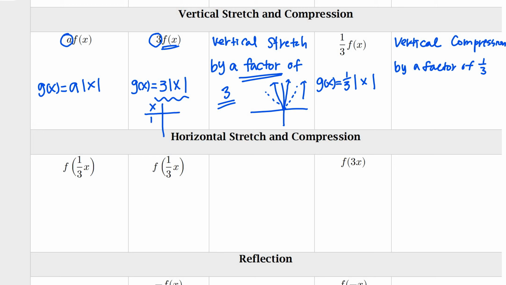If x is 1, y is 3, because y got stretched 3 times. But for the parent function, y equals the absolute value of x, when x is 1, y is 1. So it should be 1 is 1, but now it's got a 3 times stretch. I hope this makes sense to you.